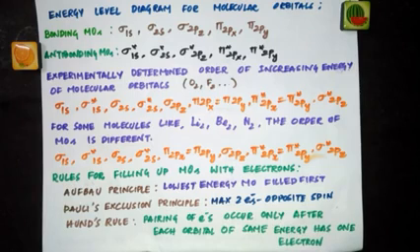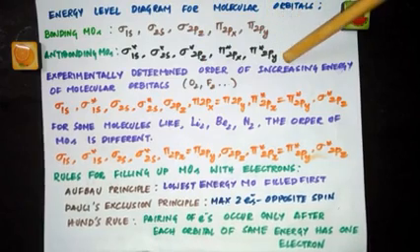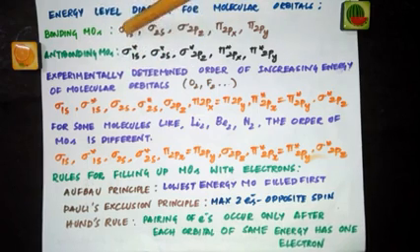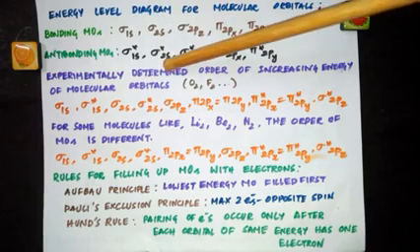So when 2p and 2p undergo combination, you will end up with sigma 2pz, sigma star 2pz, pi 2px, pi star 2px, pi 2py, pi star 2py. When 1s and 1s, which means the atomic orbitals, undergo combination, you will get two molecular orbitals, sigma 1s, sigma star 1s. Same way, when 2s atomic orbital and another 2s atomic orbital undergo combination, you get two molecular orbitals, sigma 2s and sigma star 2s.